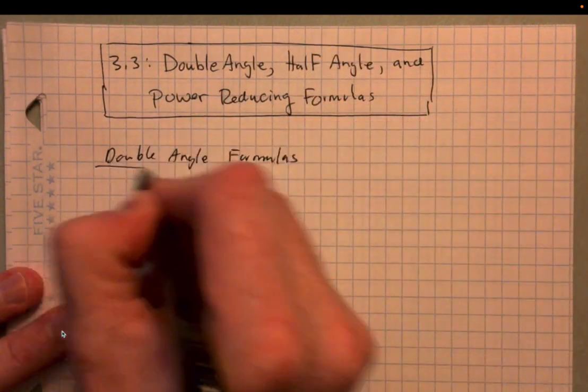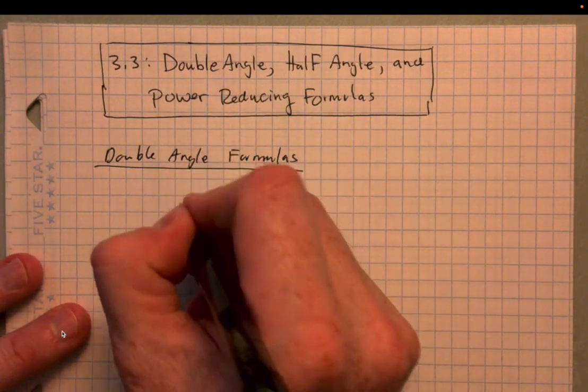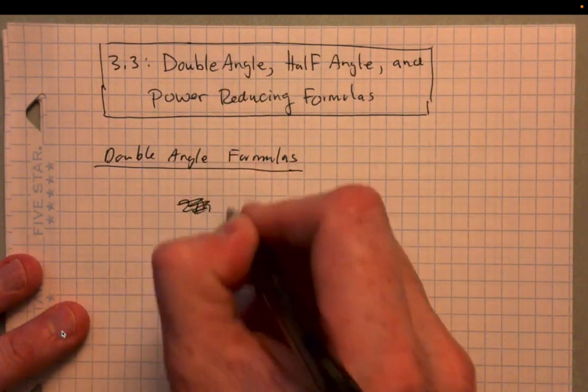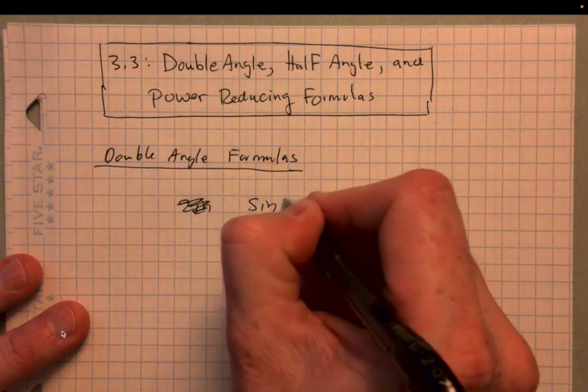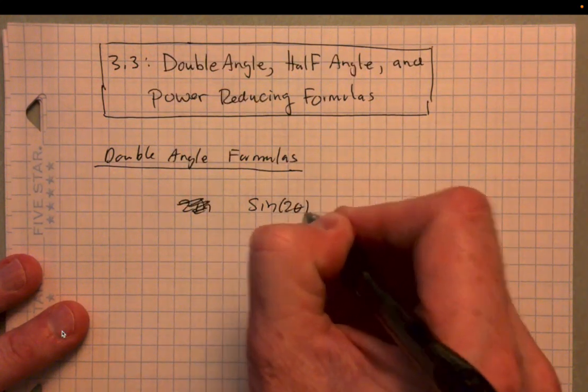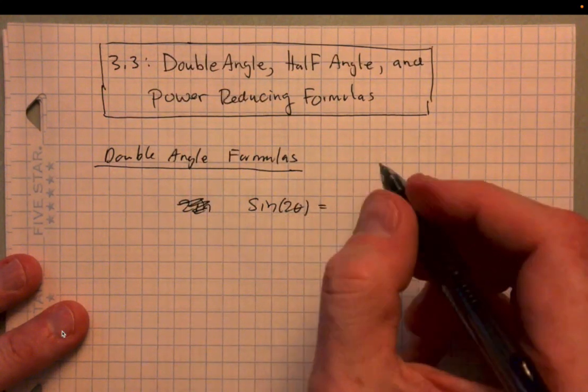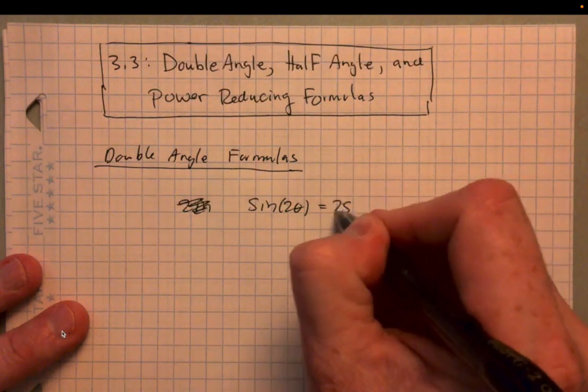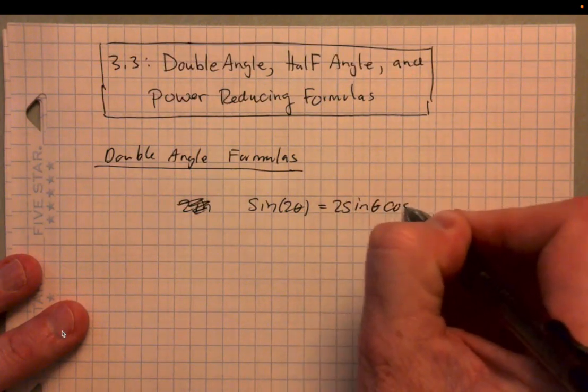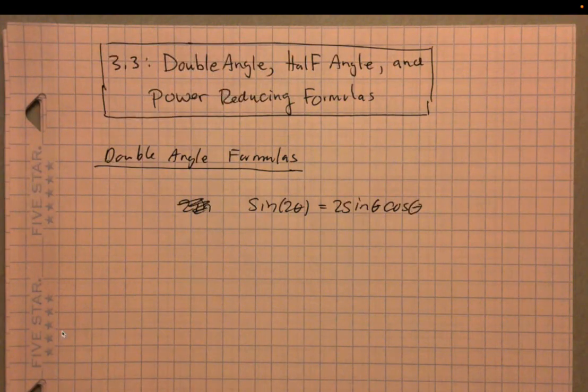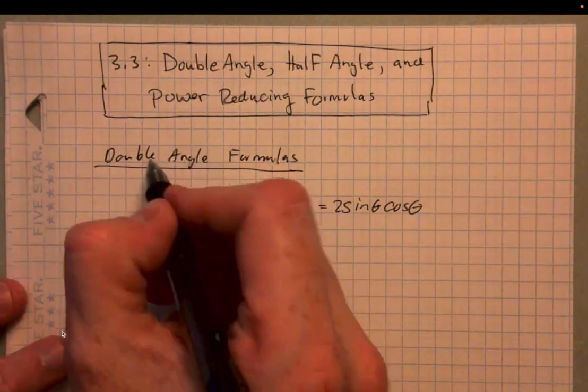The double angle formulas. There are three of them. There's the sine of 2 theta equals 2 sine theta cos theta. Let's pause for a second and look at this one. As the name implies, double angle.